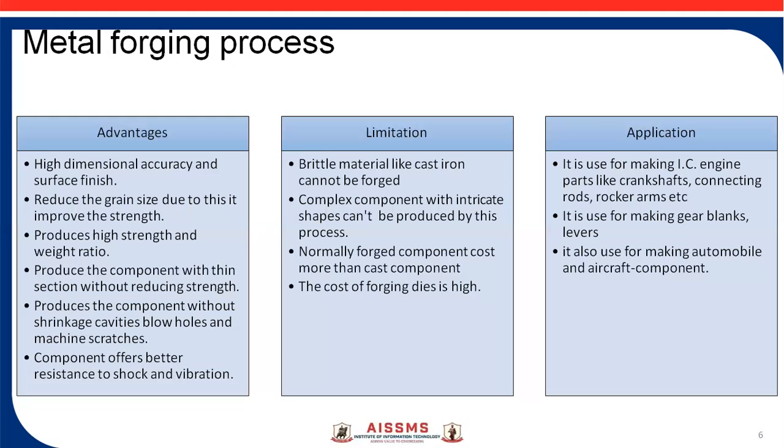This is a main advantage: thin sections can also be manufactured using the metal forging process. It produces components without shrinkage cavities, blowholes, and machining scratches. These are disadvantages of the casting process, as mentioned in the casting video. Those defects can occur in casting, and they are overcome in the forging process.